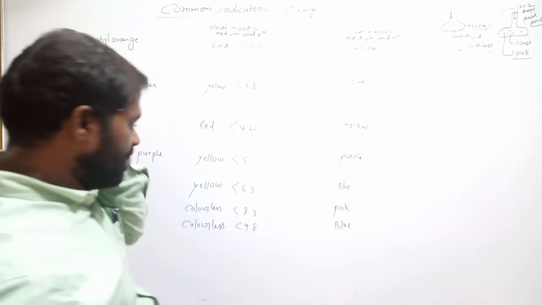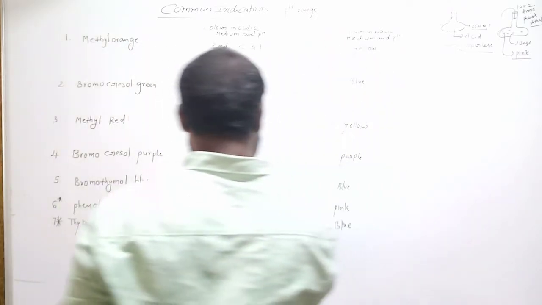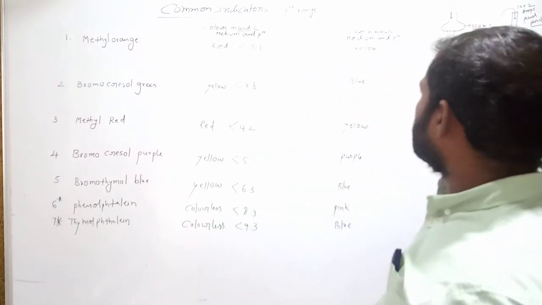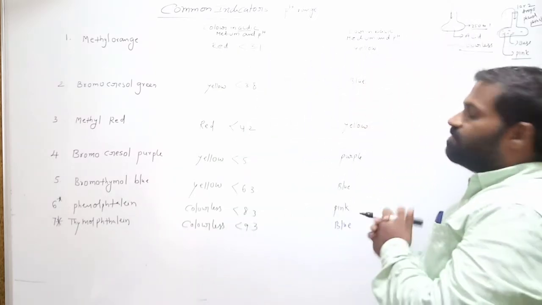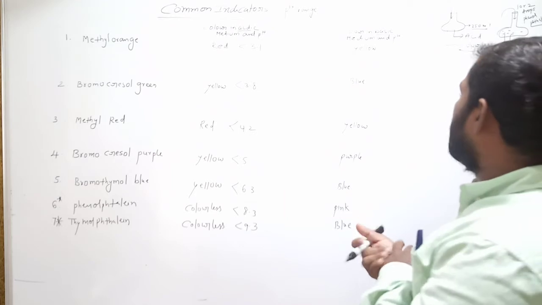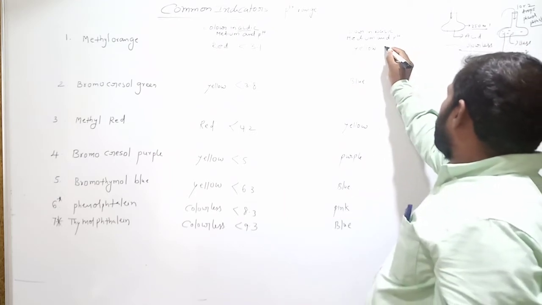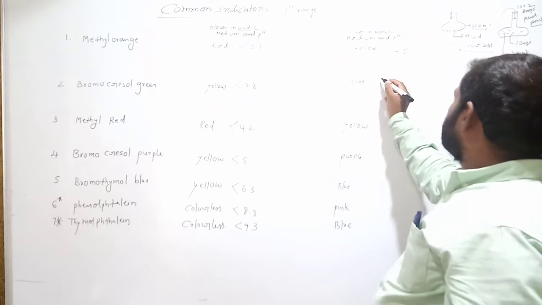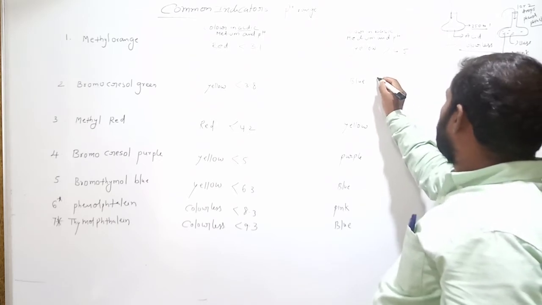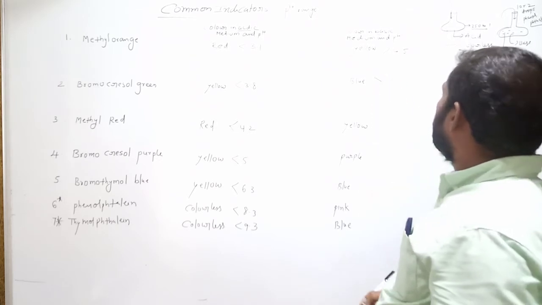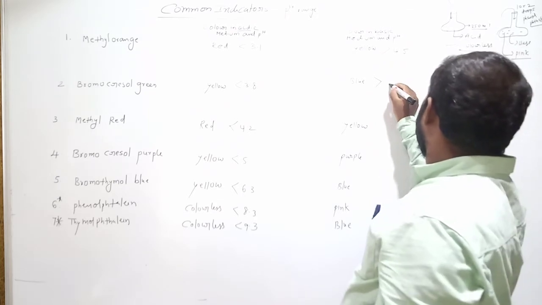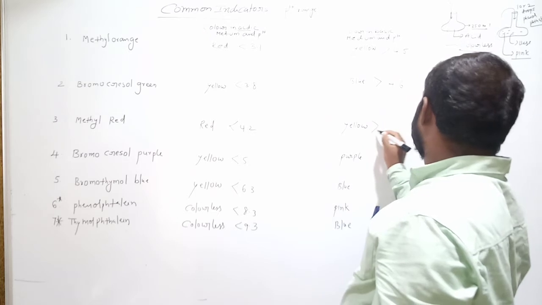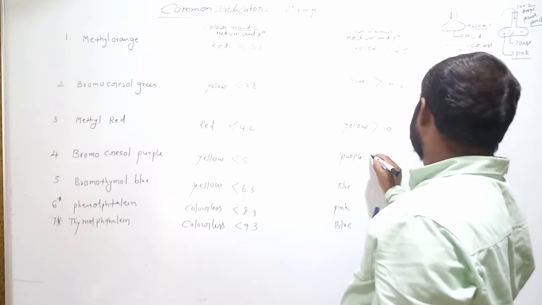Is that clear to all of you? Okay, next. It is 9.3. And coming to here, the color in basic medium and its pH ranges. Here it is greater than 4.5, 4.6, and greater than 6.